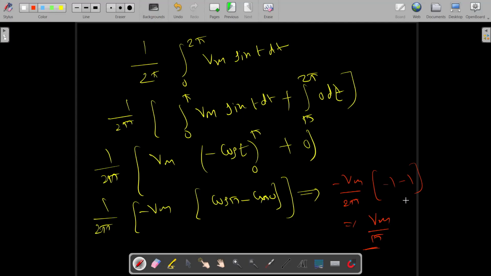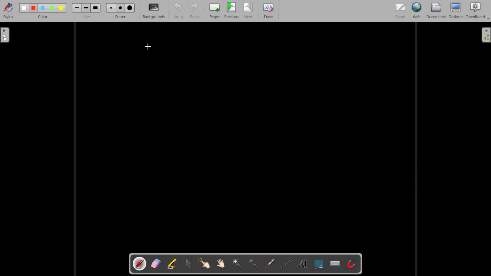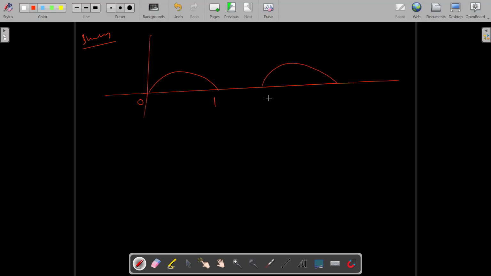Okay, so what is the observation from these two problems? The observation is that the average value is independent of the time, right? This is a summary. So take the first problem. This was the first problem, right? This is 0, this is 1, this is 2, this is 3, and so on.